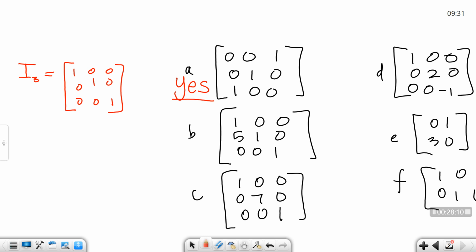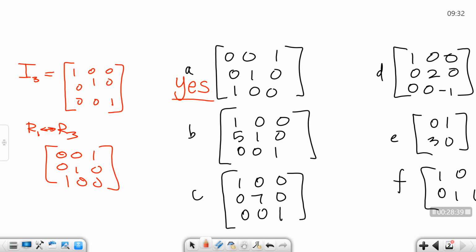Okay, and so that means it is an elementary matrix. Now, the operation, you don't have to show it. It's just yes or no. Okay, now you're welcome to show it if you'd like. But the way that I got from I3 to A was I interchanged rows 1 and 3, which is a valid elementary operation. So if I put row 3 at the top, it looks like that. Yep, one step.